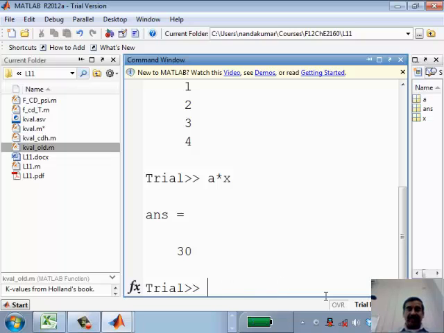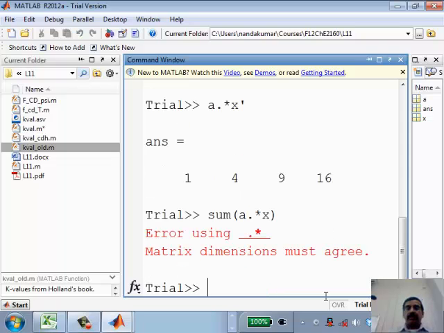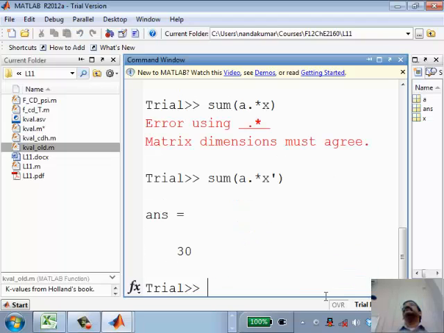Now let's take A dot star X. Now it produced A1 with X1, A2 with X2, A3 with X3, but as a vector. Now if I pass this to sum, A dot star X transpose, then it produces 30 also.